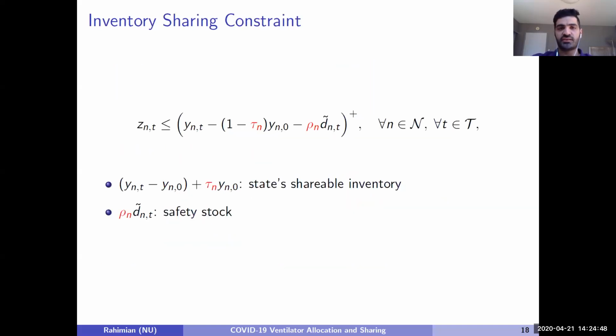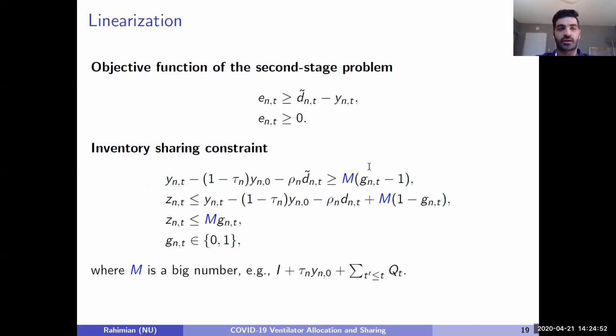All right, so as you can see, this constraint is non-convex. So I have to take care of making that constraint linear, which is done through the standard big M formulation. I have introduced some binary variables in order to linearize that constraint. You could have also observed that the objective function is also nonlinear, but because we are doing minimization, that's already convex.